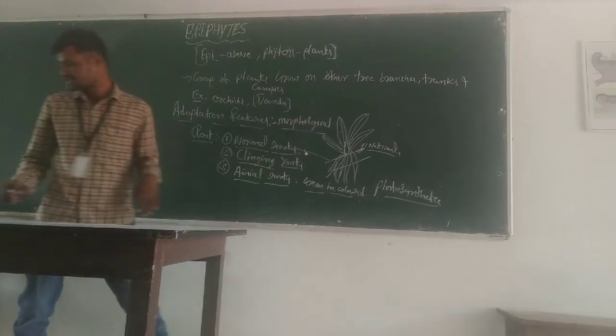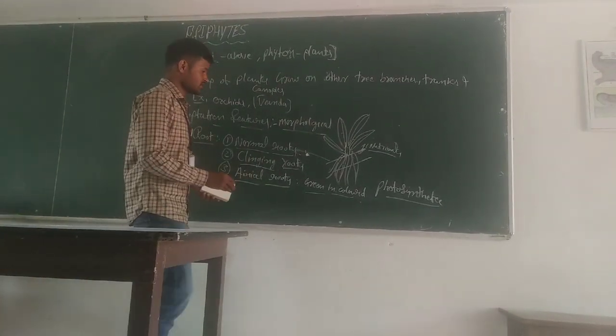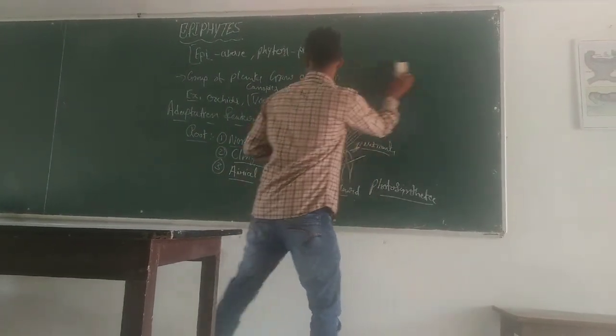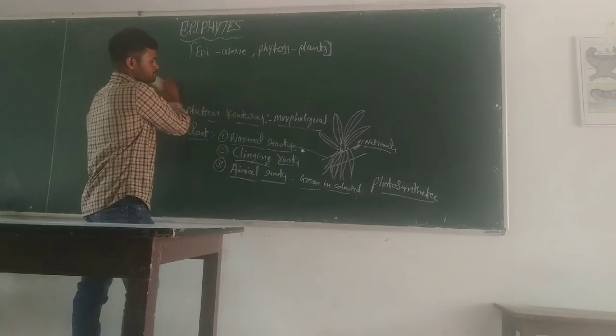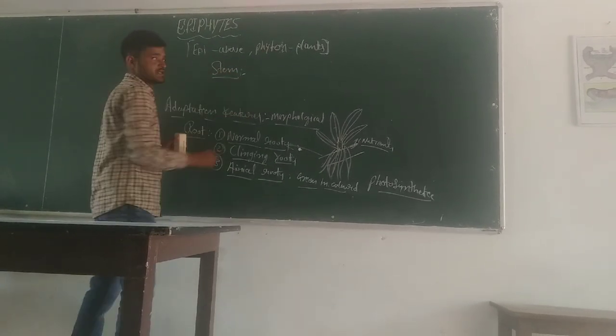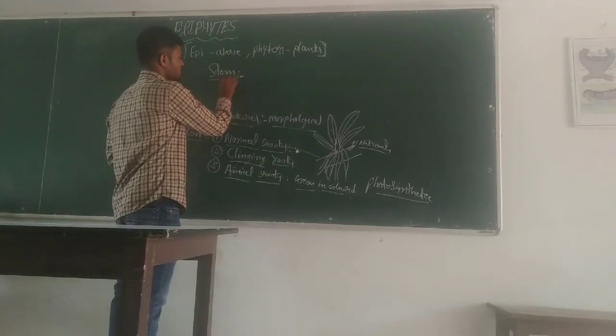Another one, the stem. The stem is vascular and smaller in size. Very important: a thick cuticle is present in the stem region.